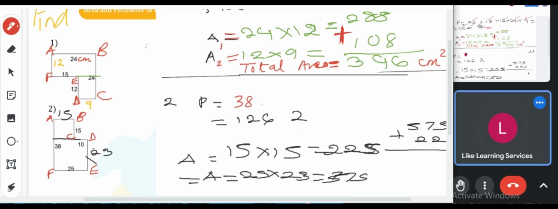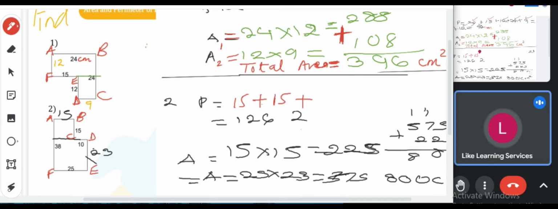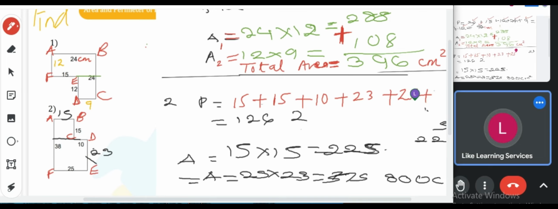Let's even start from A. The first one is 15, which is this, followed by 15, 10, 23, 25, and 38. So 15 plus 15 plus 10 plus 23 plus 25 plus 38.